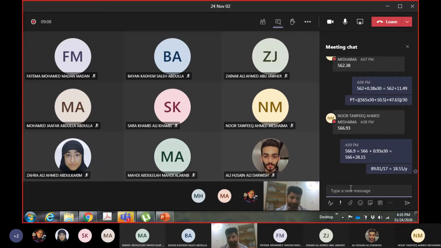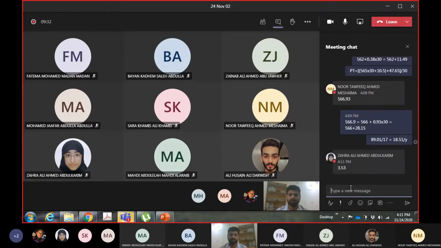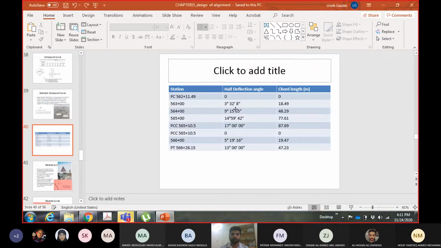It is 3.53, and if you convert 3.53 into degrees, minutes and seconds, you will get 3 degrees 32 minutes 8 seconds.